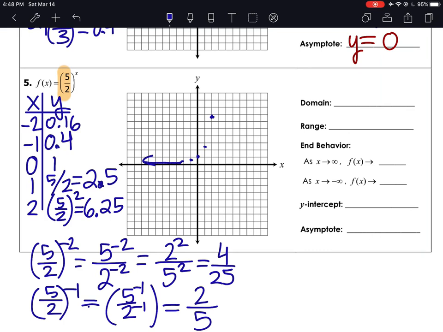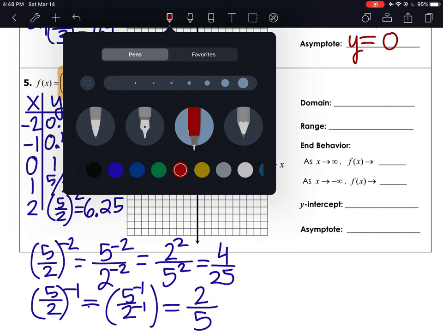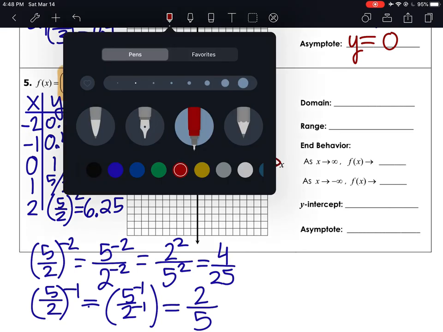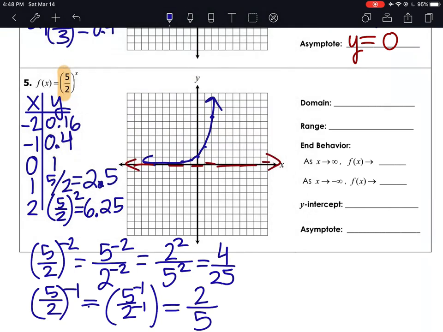Again, not the best, but we'll connect it. And we still have the same asymptote despite being exponential growth. The asymptote will be y equals 0. Your domain is all real numbers. Your range is only whatever values you have on the graph, and we only have positive numbers.